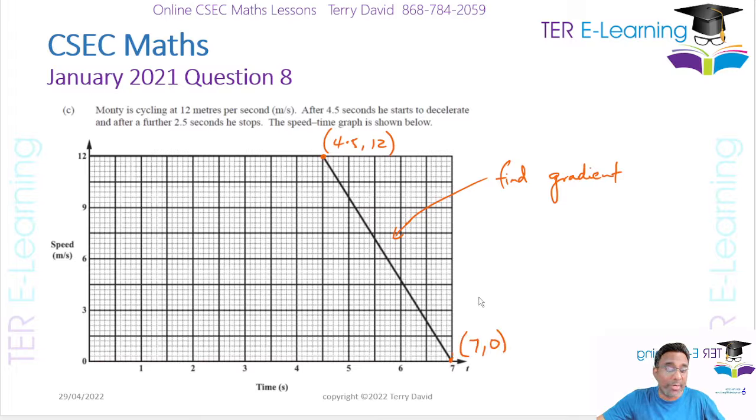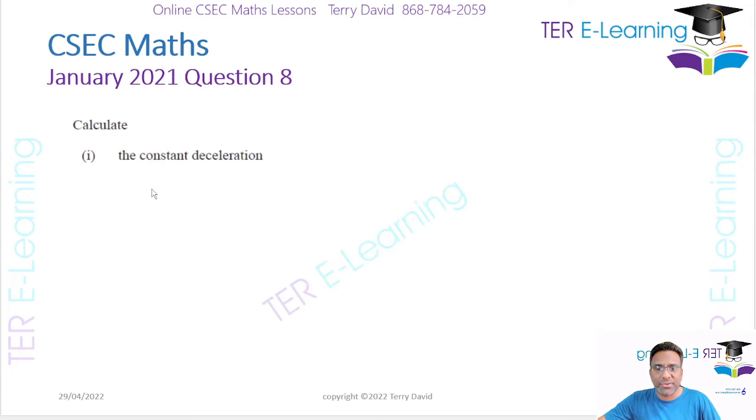So I have 2 points, and I'm going to use those 2 points to find the gradient. That's going to allow me to find the acceleration. It is going to be negative because of how the graph is sloping. I'm slowing down. So these are my points, 4.5 and 12.